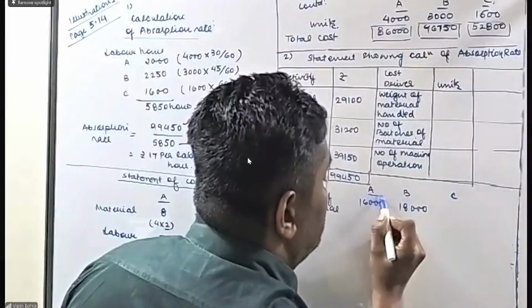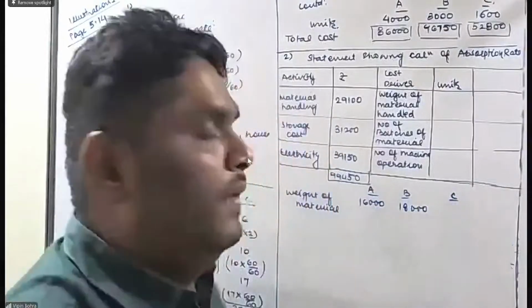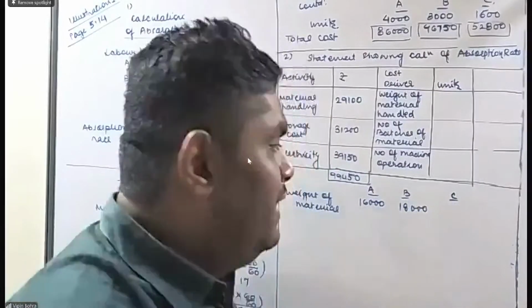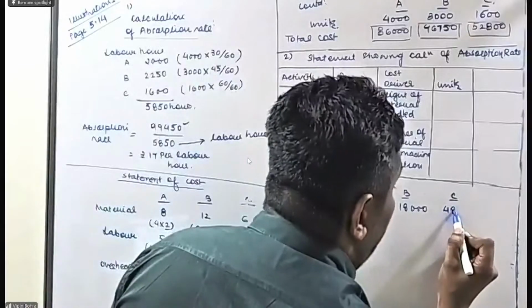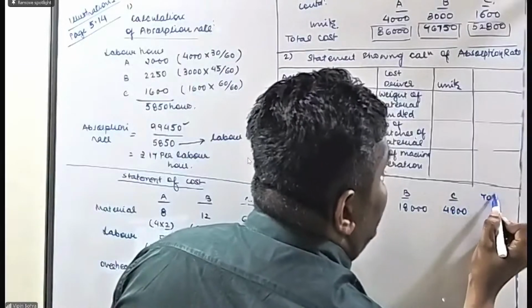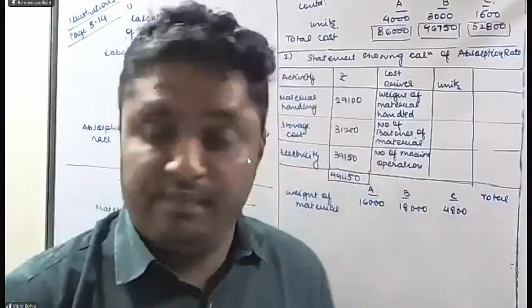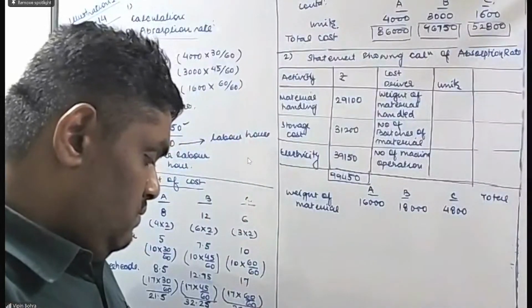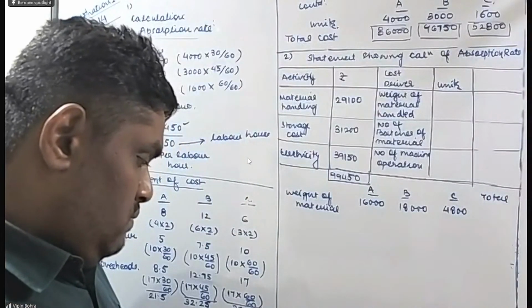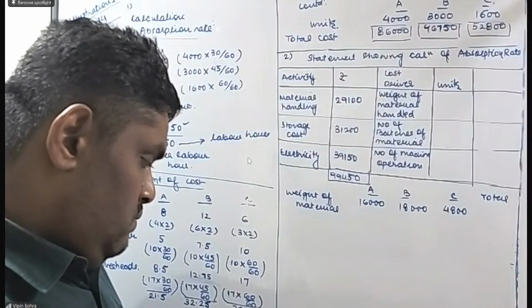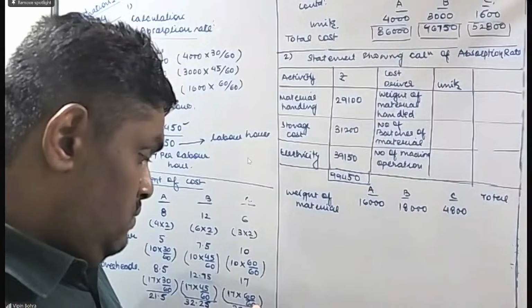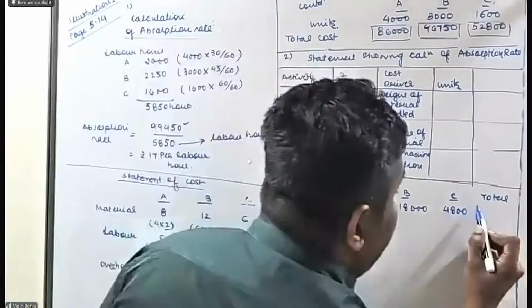And for C, it is 1,600 into 3, that is 4,800. So the total will be 38,800.